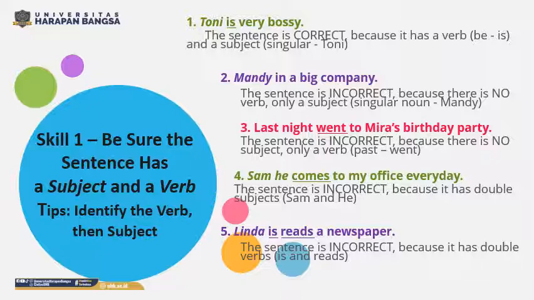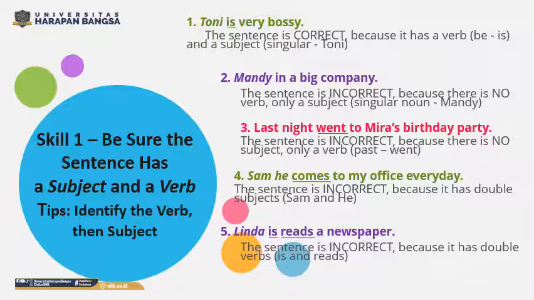Next, number 4. Sam, he comes to my office every day. Find the verb. Yeah, it is comes. What about the subject? The subject comes before the verb. We have Sam and he. Remember, the sentence must have one subject and one verb.